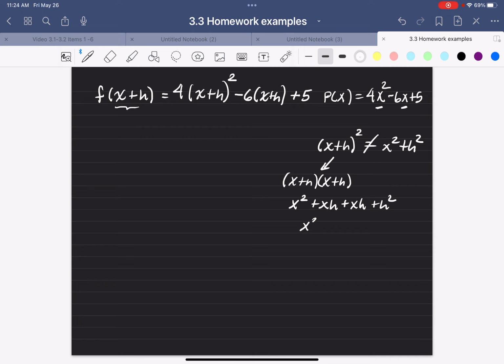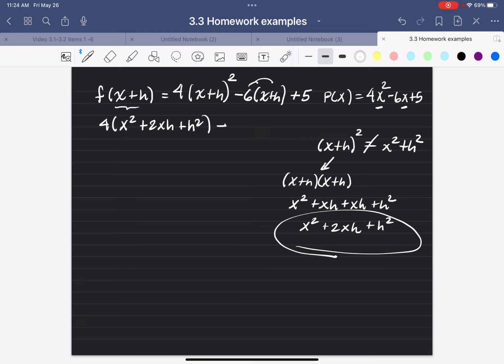So it's x squared plus 2xh plus h squared. Now, I've got to multiply all that times 4, so that's 4 times x squared plus 2xh plus h squared. That's what I got down here.